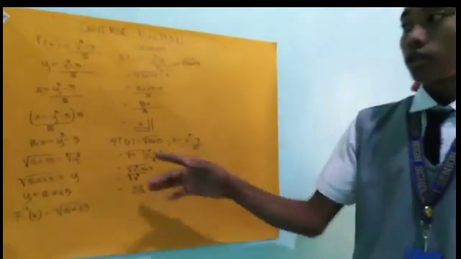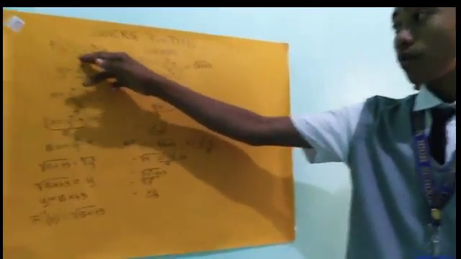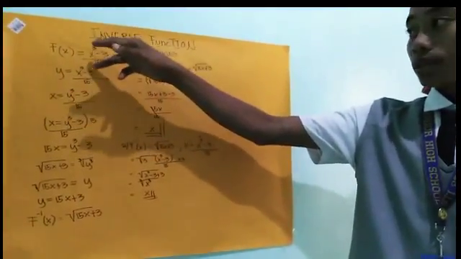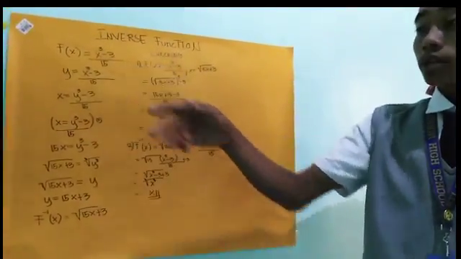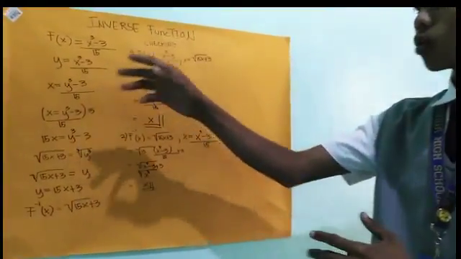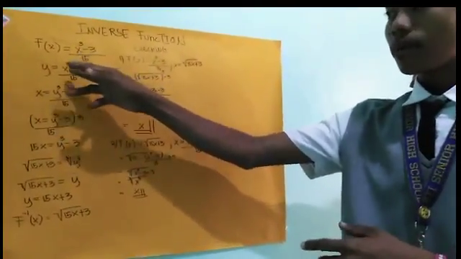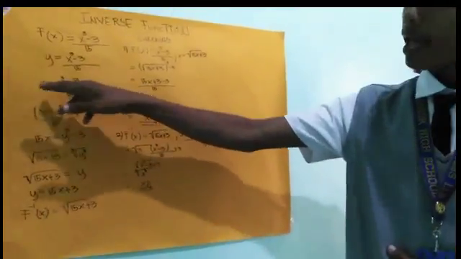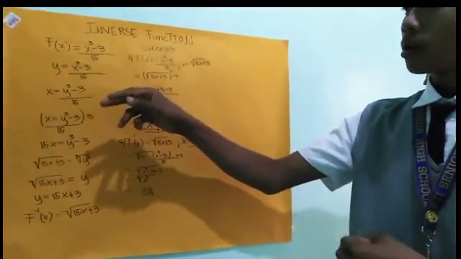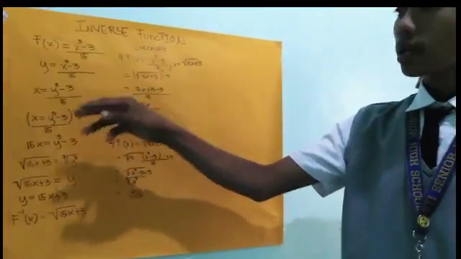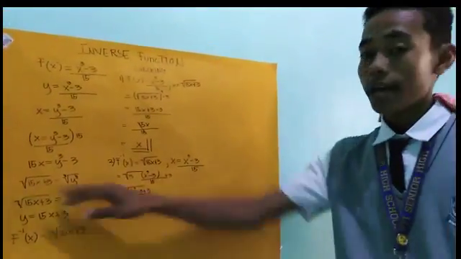So f of x equals (x to the power of 3 minus 3) over 15. Interchange x and y: x equals (y to the power of 3 minus 3) over 15.